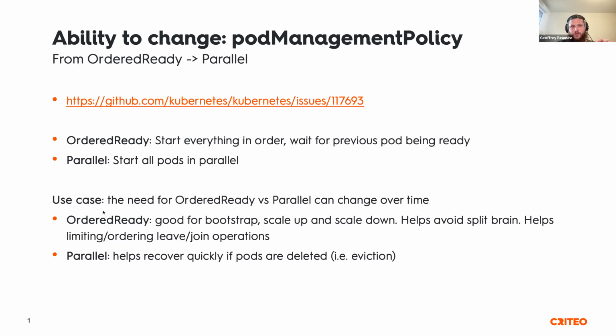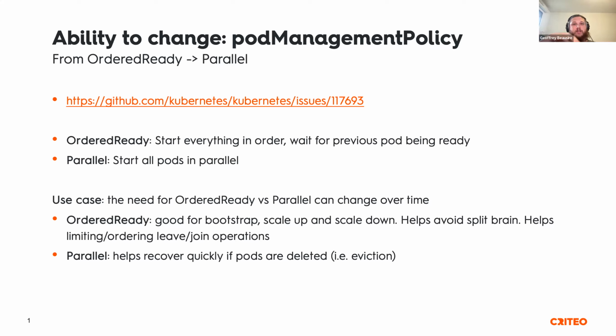My main use case is for databases, notably, where ordered ready is very good for bootstrapping and scale down and scale up operations, because it's about split brains. It helps to limit and order the leave and join operations, because you might not want to have 10 nodes joining or leaving at the same time.